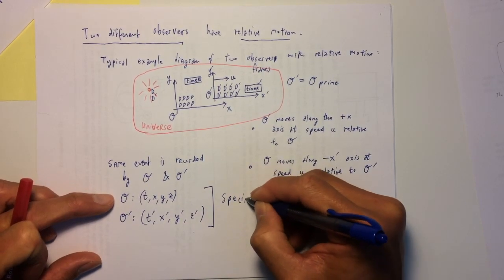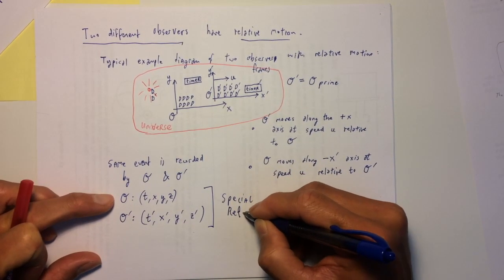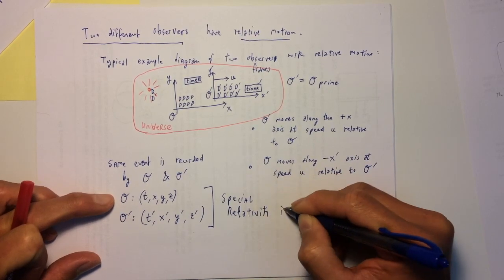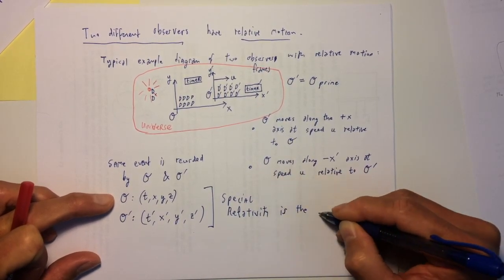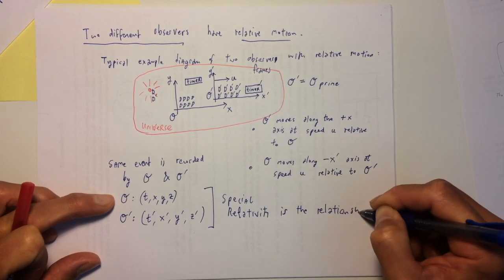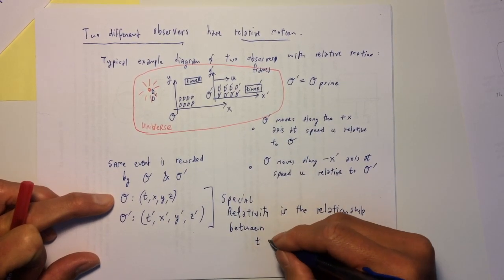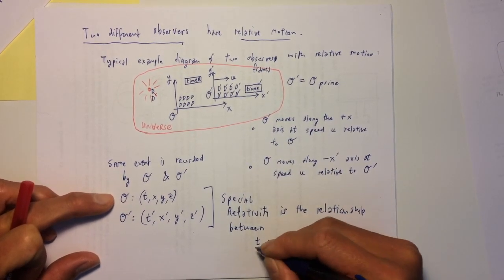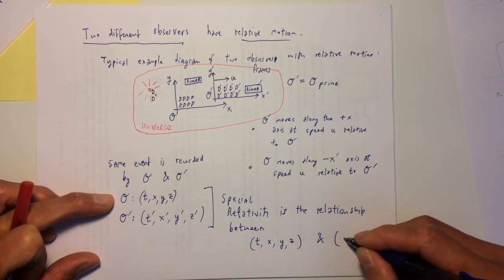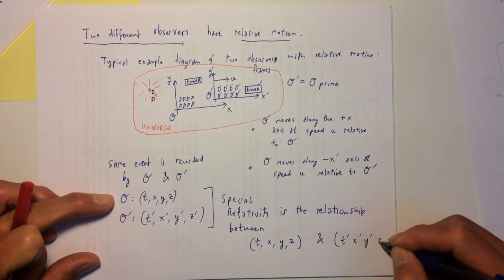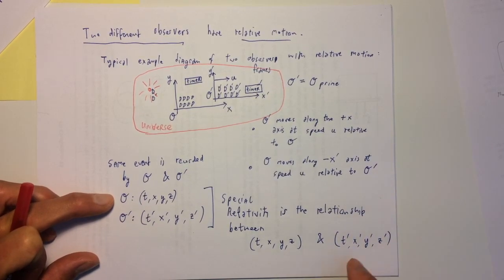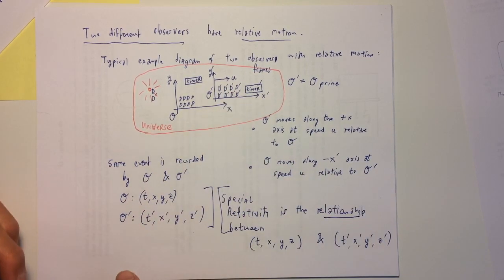Special relativity is the relationship between this coordinate and this coordinate. This is what special relativity does for us. It's the relationship between space-time events as measured by two different observers that have relative motion.